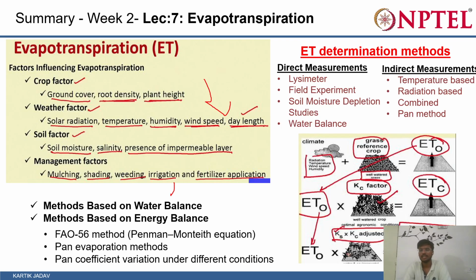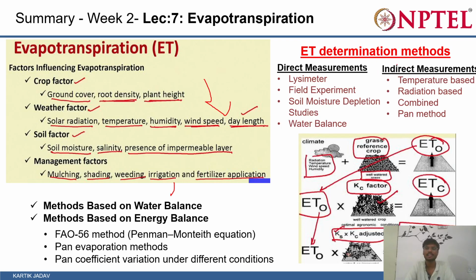And ET measurement. Once we understand that ET is basically the water requirement of any crop, and if water is required by the crop, then we must know what amount of water any crop requires. To estimate that, we have certain methods: direct methods and indirect methods.